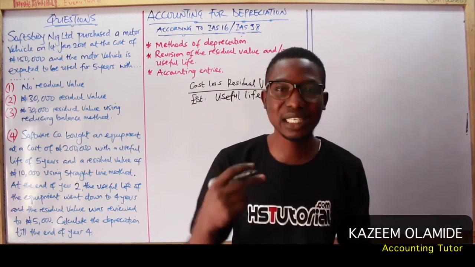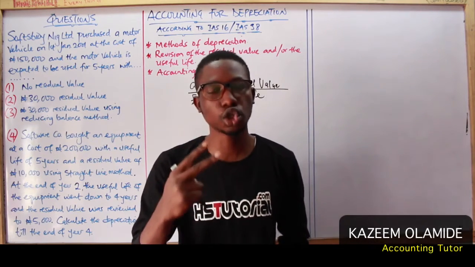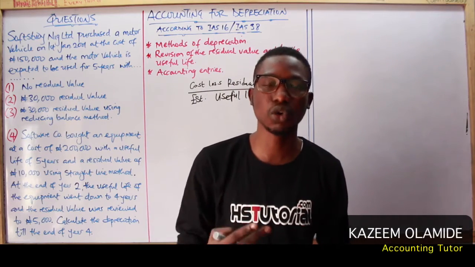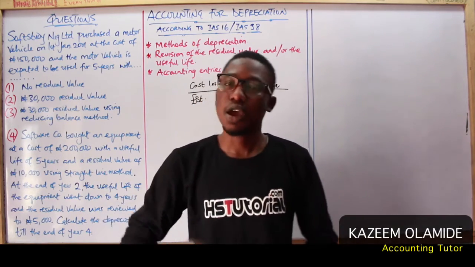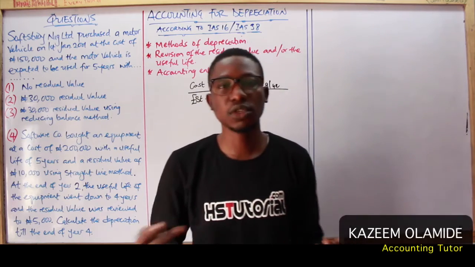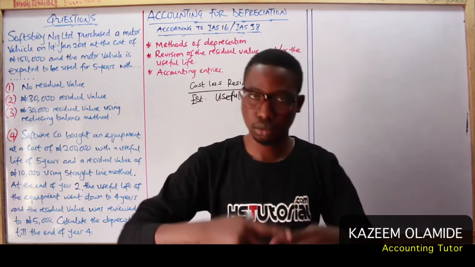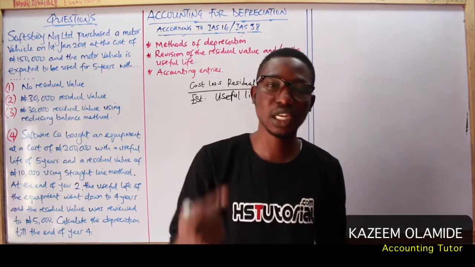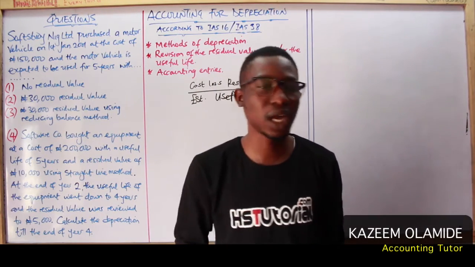But basically in this video we'll be talking about just two methods, as these are the most popular methods used by every organization, and if you are in an exam condition, that is what they are likely to bring. That is the straight line method and the reducing balance method.